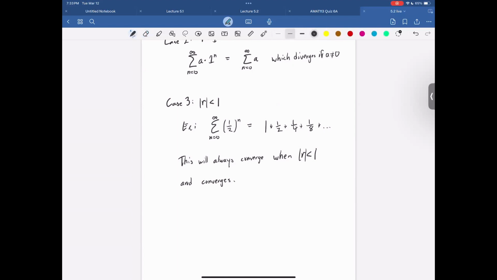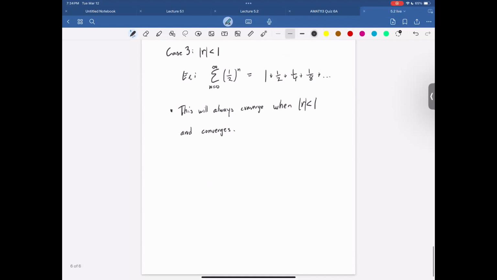Now, let's say we have this geometric series, a times r to the n. This will indicate r is less than 1.